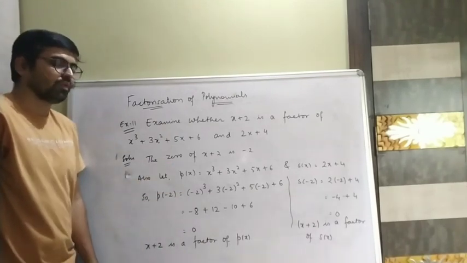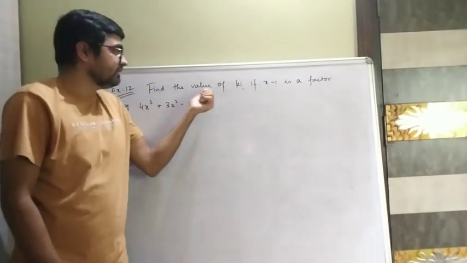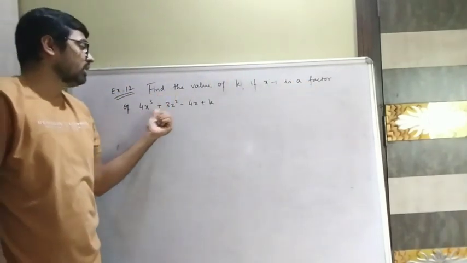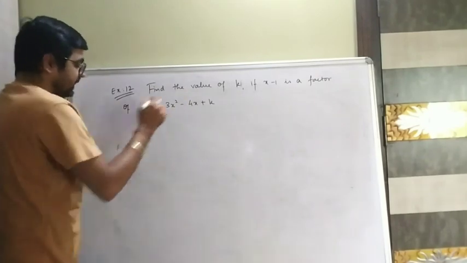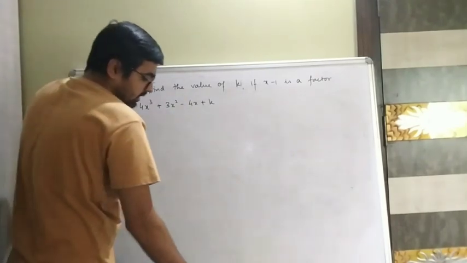We'll move forward. Example number 12. Find the value of k if x minus 1 is a factor of this polynomial. So we already know that if x minus 1 is a factor, correct?